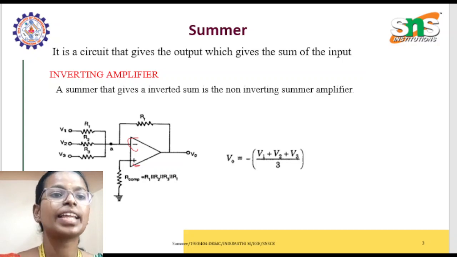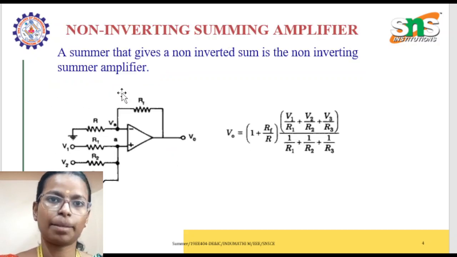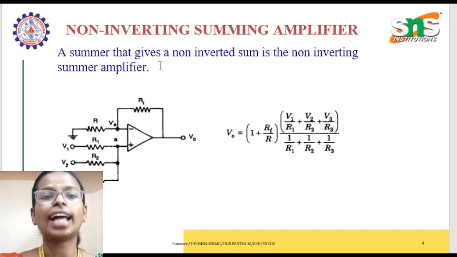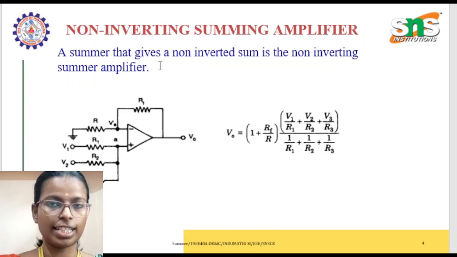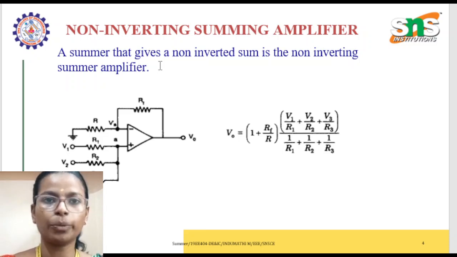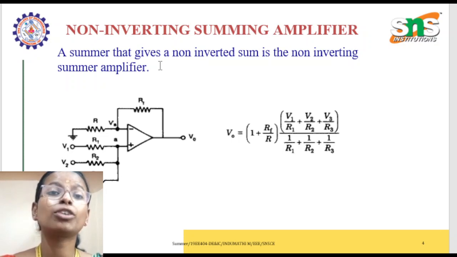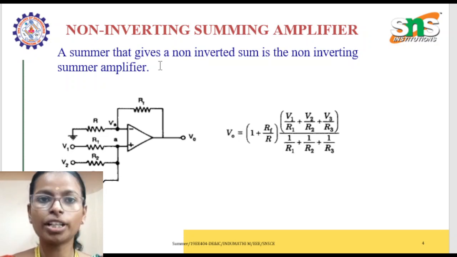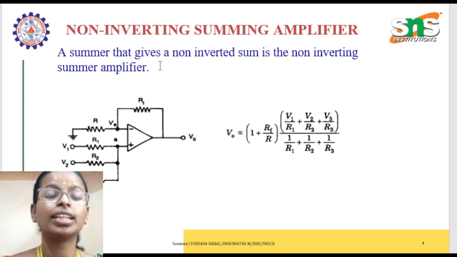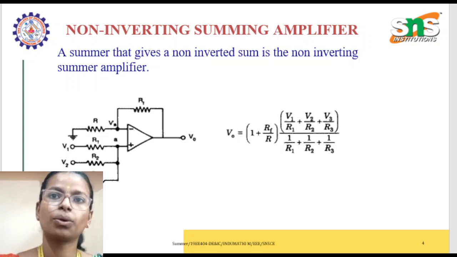Next is the non-inverting amplifier. Here it adds a number of signals and gives the output amplified, but not inverted. The only difference is that the input is given to the non-inverting terminal.